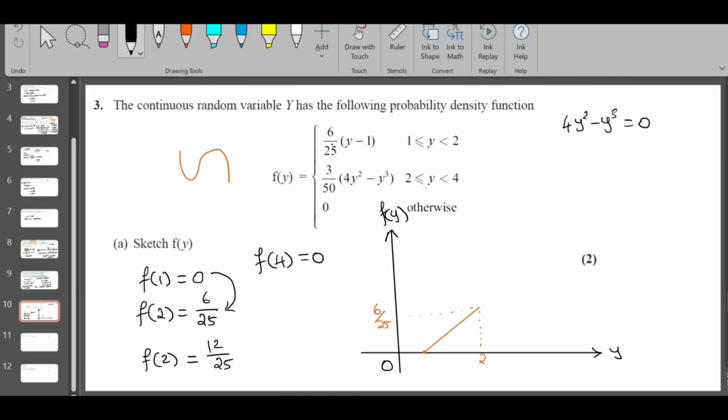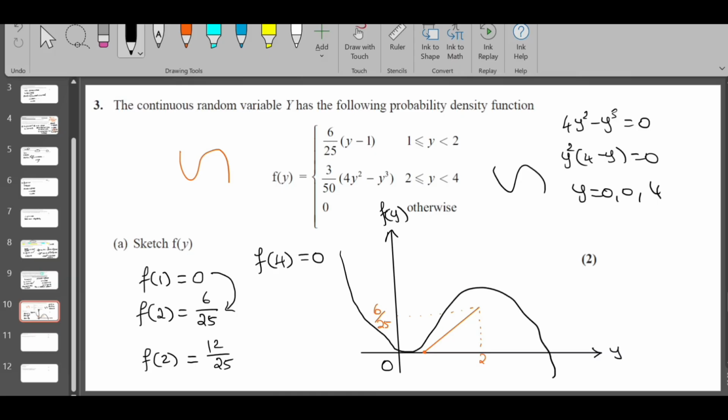You don't need to show this working, okay? y square times 4 minus y is 0. y is 0, 0, 4. Two repeated roots. We have learned this in pure math 1, right? Sketching a cubic graph. That means the graph is gonna look like this. But we sketch the graph only from 2 to 4. Not this part. We don't need this part.